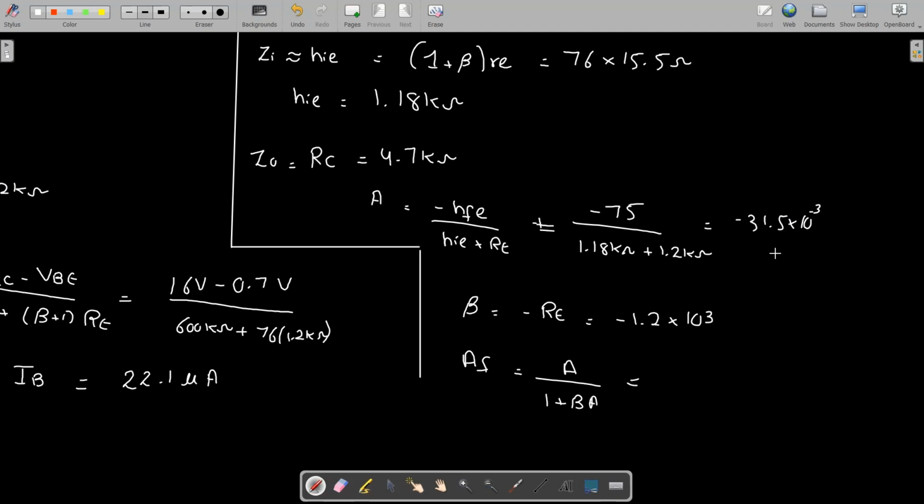Where A is this thing, which is minus 31.5 multiplied by 10 raised to power minus 3. 1 plus beta A is this thing, minus 1.2 multiplied by 10 raised to power 3, into A again, which is minus 31.5 multiplied by 10 raised to power minus 3.